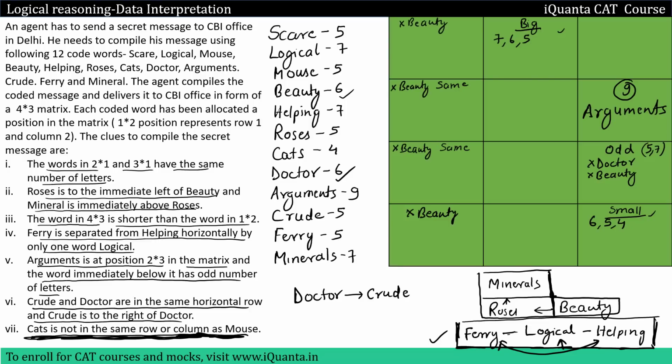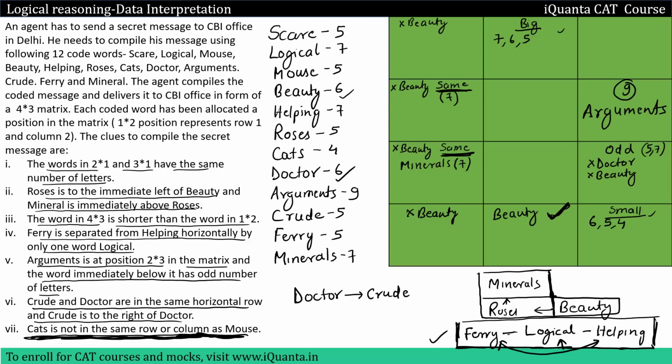Now can I put beauty over here in this particular space? If I put beauty over here, to its left I should have roses. Then in that case I will have minerals over here. If I have minerals over here, that means I have a 7 letter word over here. That means in the position above it I should also have a 7 letter word, because here we have words having the same number of letters.